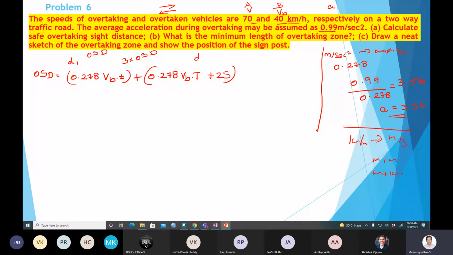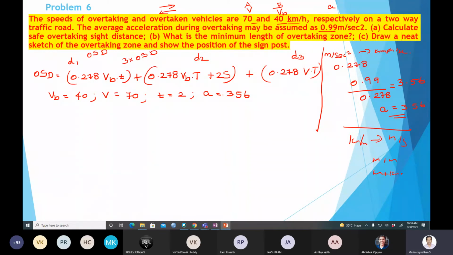And D3 is 0.278 into V into T. VB is 40 kilometers per hour. Capital V is 70 kilometers per hour. Reaction time is 2 seconds. The A value we estimated is 3.56.